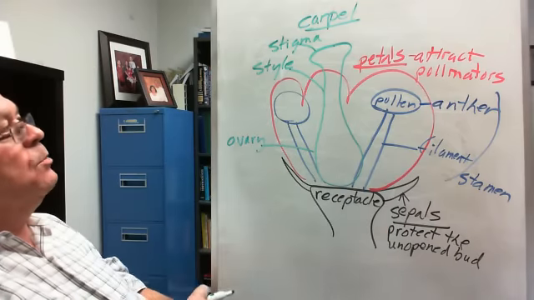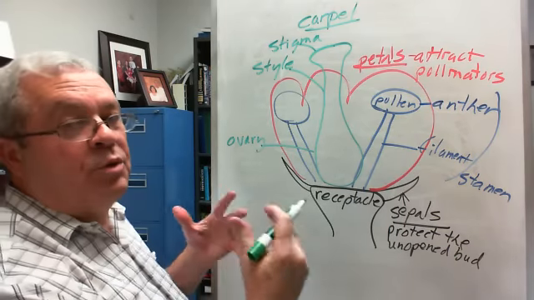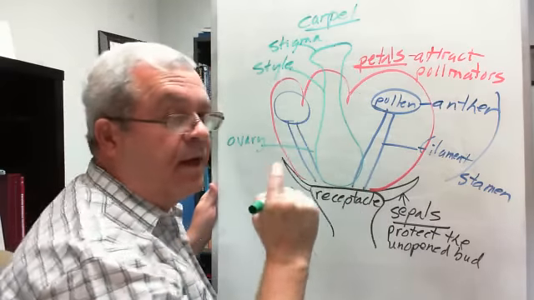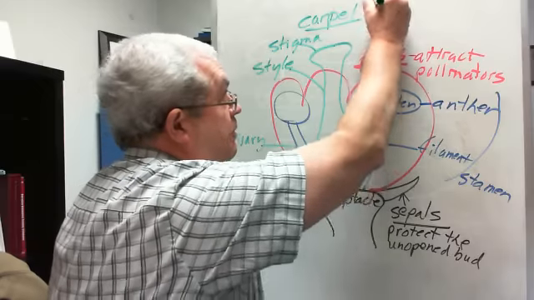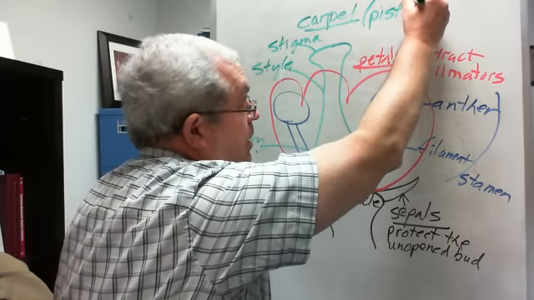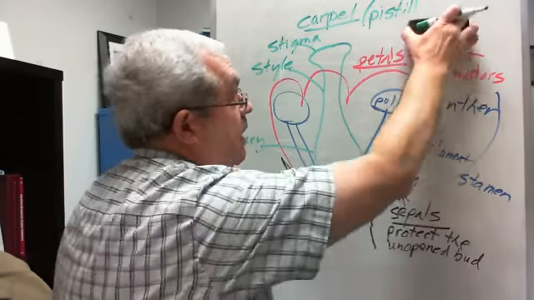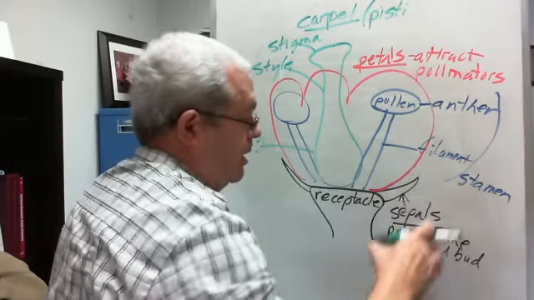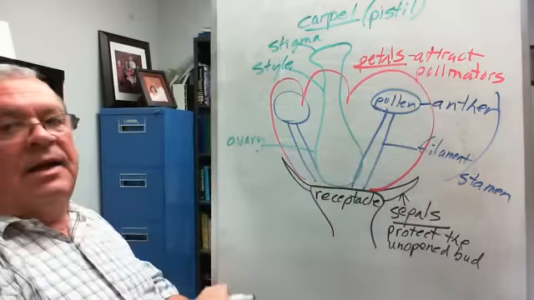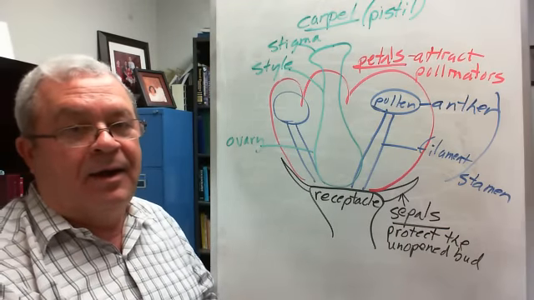I will probably call it a more familiar term, a term I grew up with. I think it's a more appropriate term. If I call it pistil, that's what I'm talking about. P-I-S-T-I-L. That actually comes from its shape.